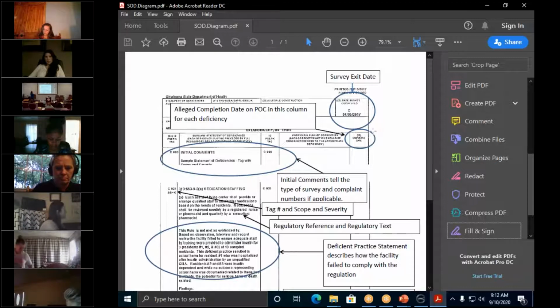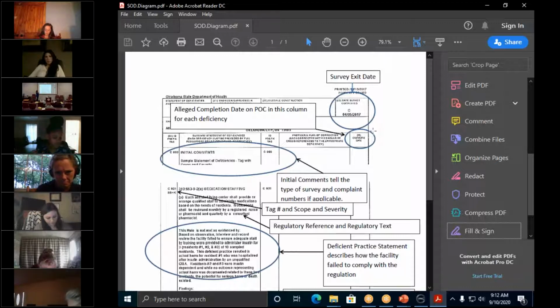And then right below, it'll have the tags. So in this one, in this far left column, the tag is cited and it has a scope and severity of K right underneath the tag number. In the next column, it says this is a tag for medication staffing.